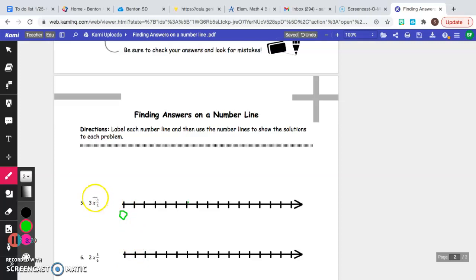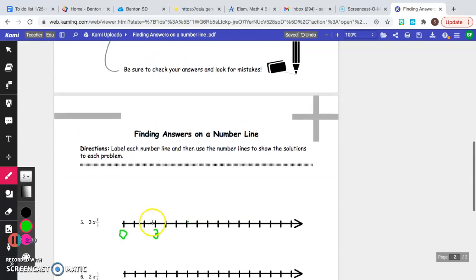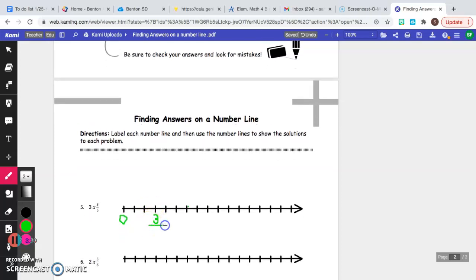We're making 3 hops and skip counting by 3. I'm going to go 1, 2, 3, and say it is 3/5, because I know that the denominator stays the same.